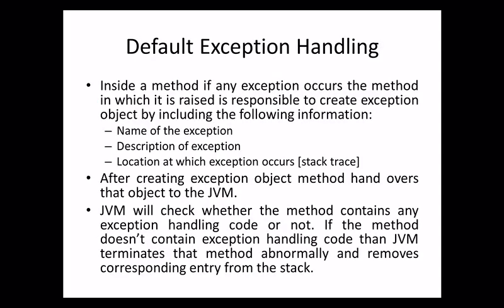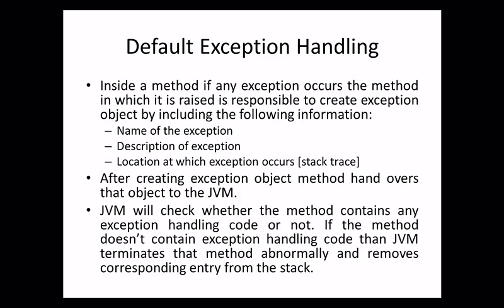Okay, now we'll see default exception handling. Inside a method, if any exception occurs, the method in which it is raised is responsible for creating an exception object by including the following information. First, the name of the exception; second, the description of that exception; and third, the location at which the exception occurs.